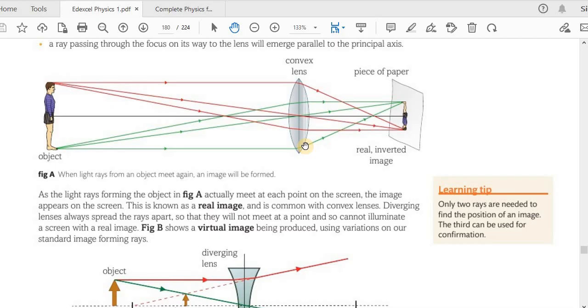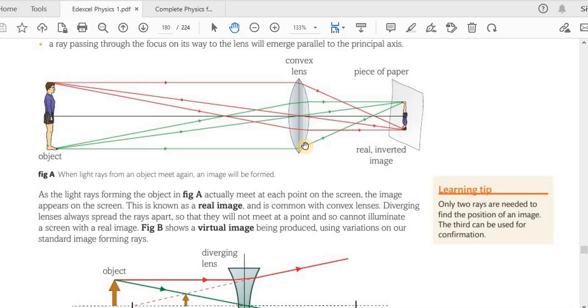What you are actually seeing is not the newspaper text. You are seeing the image of the letters on the newspaper which are zoomed in. So that's a virtual image of the text on the newspaper that you are seeing.